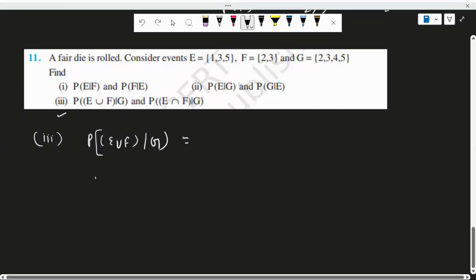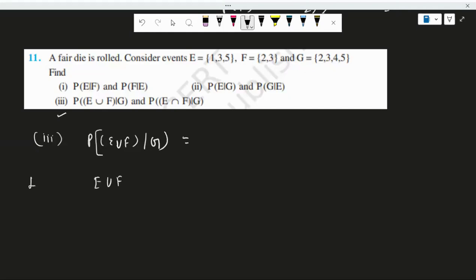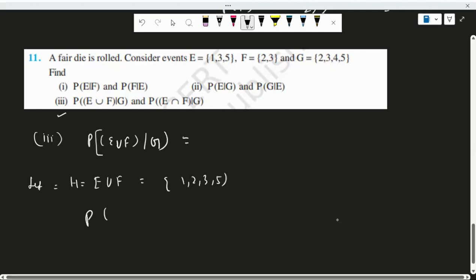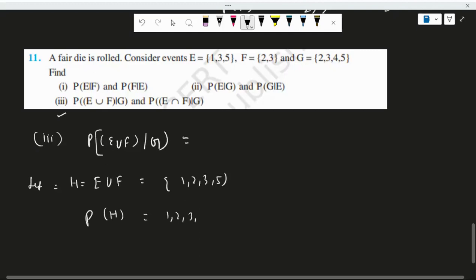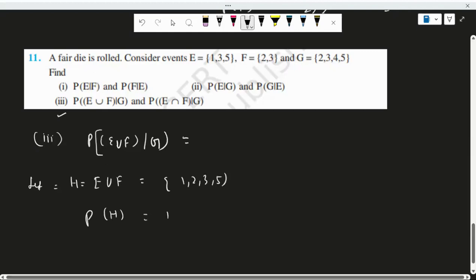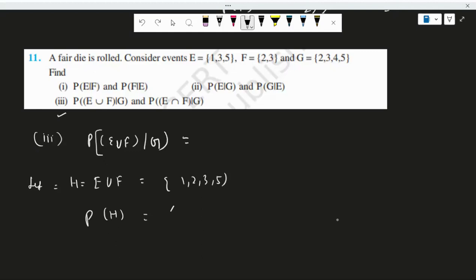We have E union F. Let's consider this as H. This is 1, 2, 3, 5, so P(H) is 4 over 6.